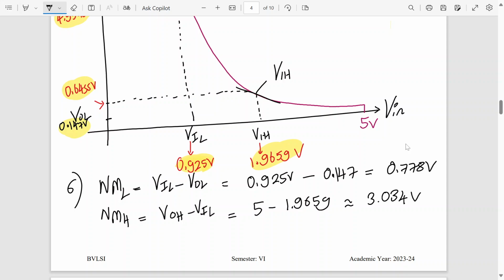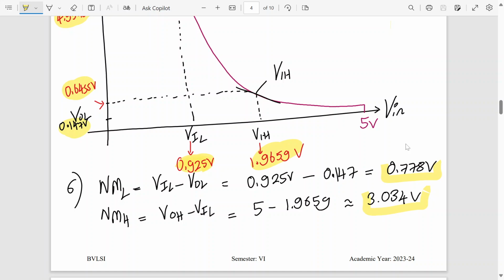Okay, so these are my noise margin levels. As you can see, they are extremely biased and unequal. They are not at all symmetric. So asymmetric noise margin levels will always trouble your systems. The noise margins found here are quite low, and it will lead to a misinterpretation of input signal levels.